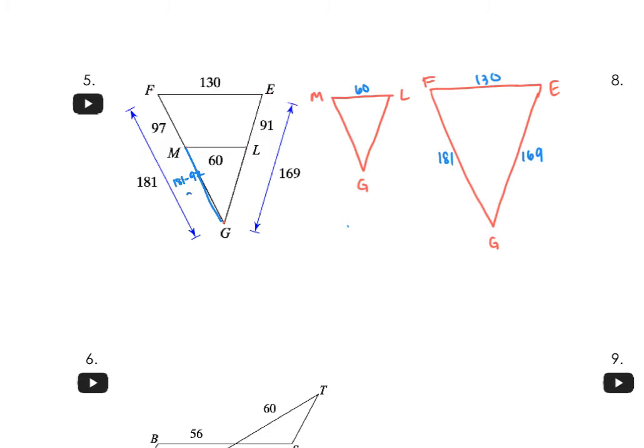That's 84. So MG is 84. And then we can do the same thing on the other side. So this side right here is going to be 169 minus 91. And that's 78.